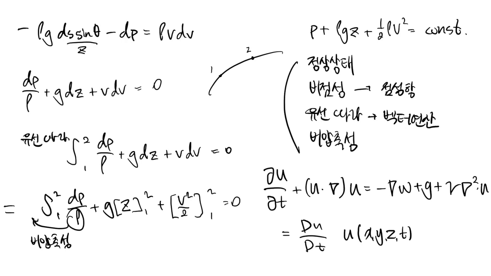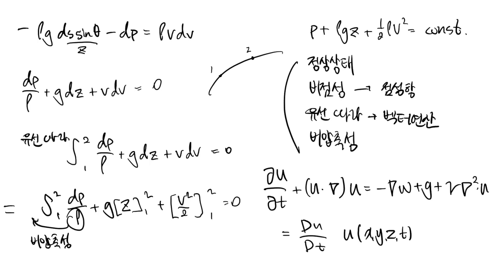In deriving the Bernoulli equation, we made the following assumptions, and the Navier-Stokes equation deals with the general case without these assumptions. Therefore, we can deduce the Navier-Stokes equation with these conditions. The viscous term will be added, and vector operation is required because it is not fixed in one direction.